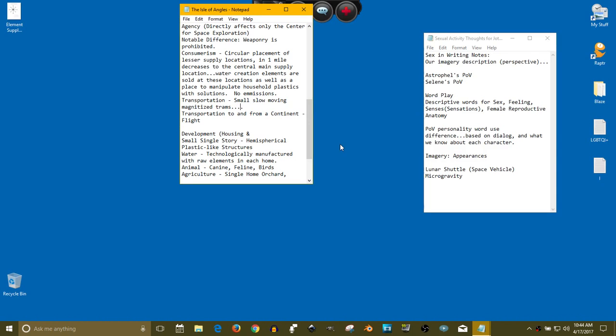For magnetized trams, it's only 60 radial miles. They have an entire sort of... That could be spiral actually. Magnetized trams from the center outward. How would that link? Like an infinity, kind of like a track, like a train track, but on a smaller scale, like parks and stuff.